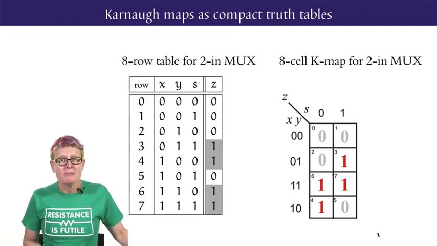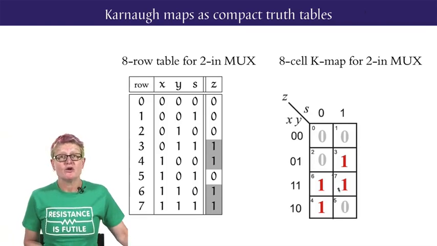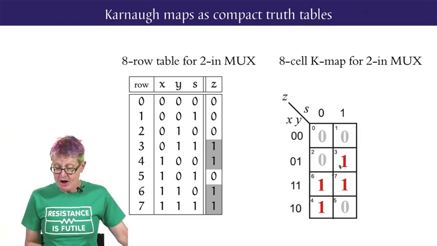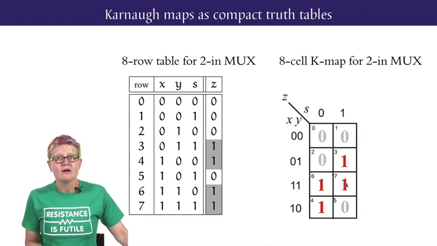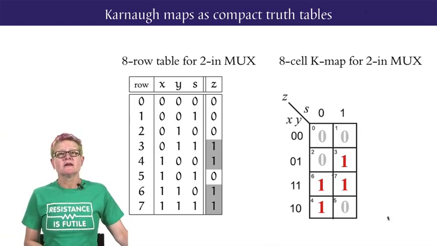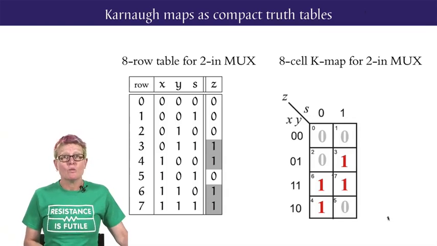In the K-map, there are likewise 4 cells containing bit value 1, here marked in red: the cells indexed by 3, 4, 6 and 7, which correspond to 3-bit XYS codes 011, 100, 110 and 111.